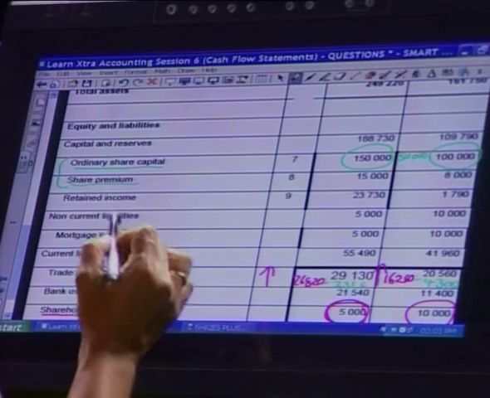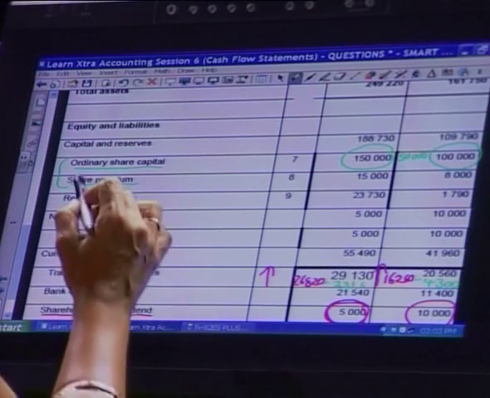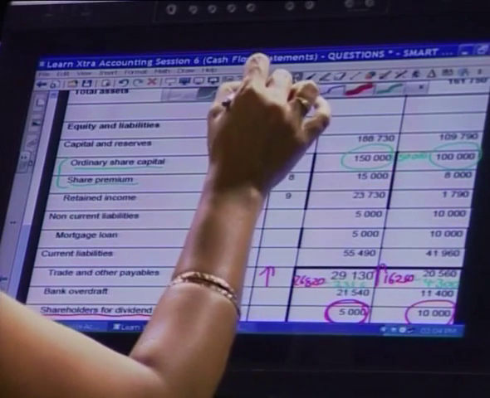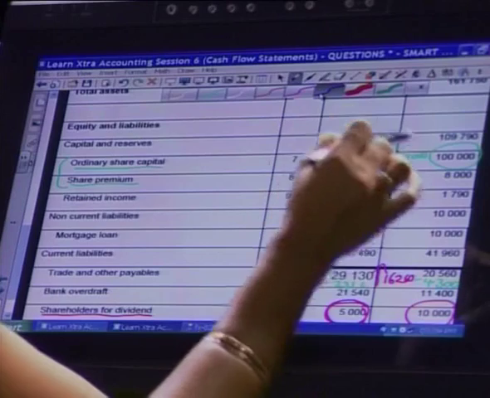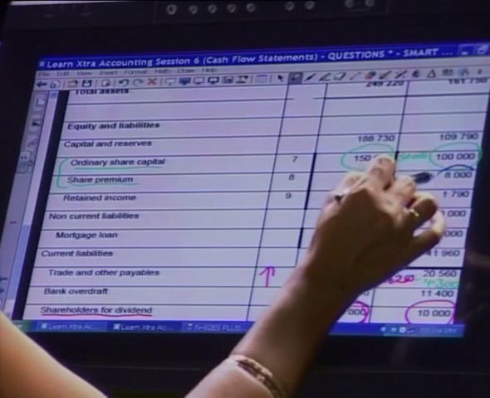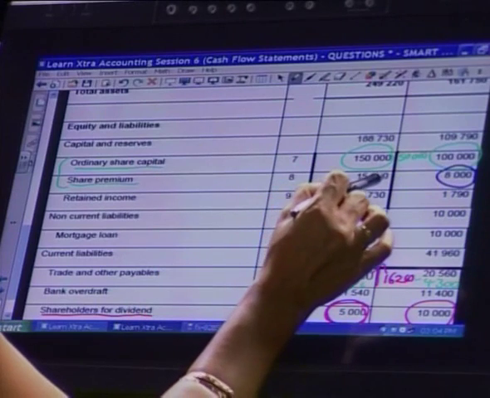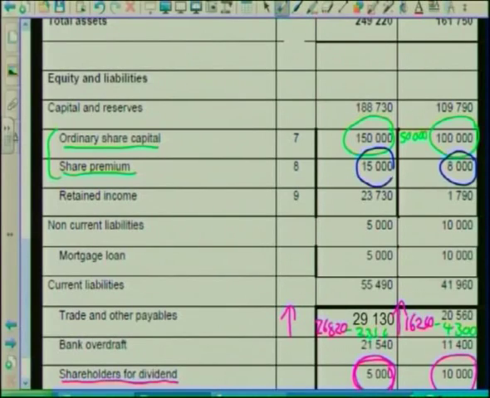Let's now look at where the shares were issued at a premium. Share premium, 2011, my share premium was 8,000. 2012, my share premium is sitting at 15,000. So this company has issued shares at a premium, meaning higher than par value.